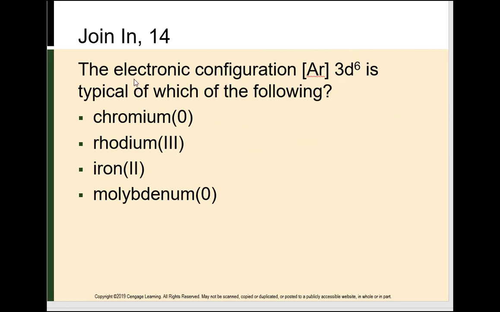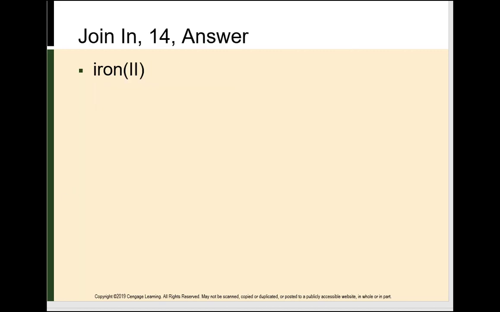How about this one? Can you guess? The electron configuration argon 3d6 is which of the following? Chromium, rhodium +3, iron +2, or molybdenum, just neutral? Hopefully you got iron 2+. If we looked at iron, we would write it again from left to right.